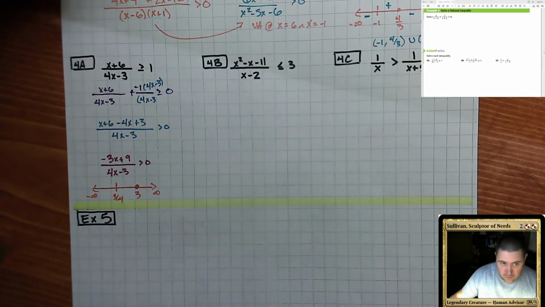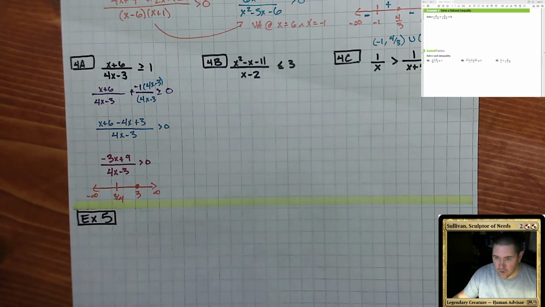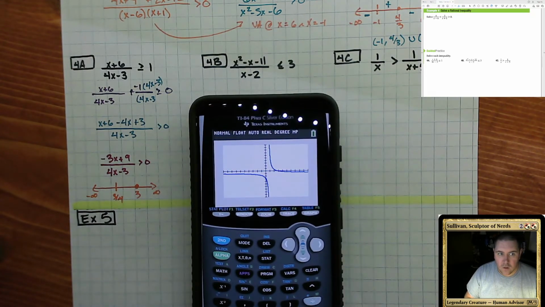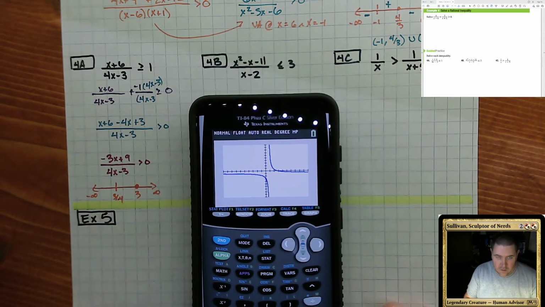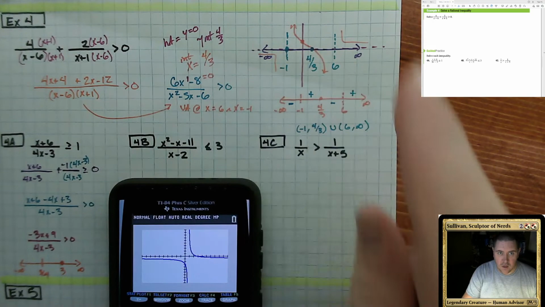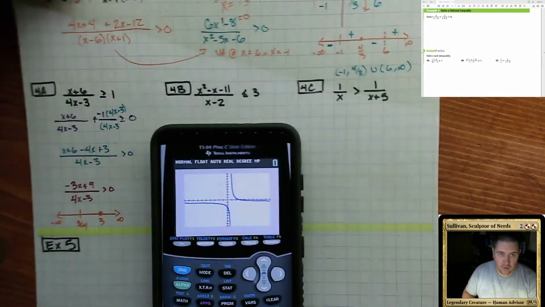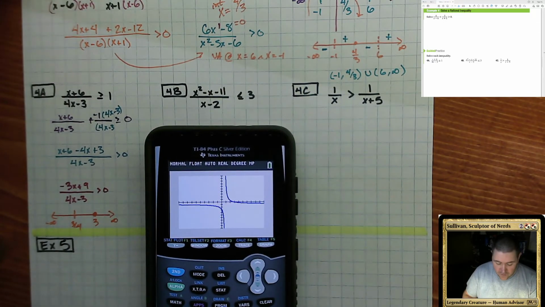Now I could know my behavior, or I'll bring it up so you can see. Okay, got it. I had to go poke stuff. So here's what I mean: I can know what the behavior looks like. If I can quick sketch my graph, just like with my end behavior on the polynomials, I don't need to do anything with the calculator.